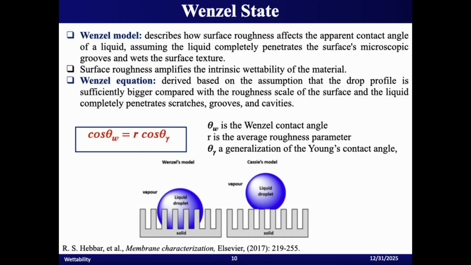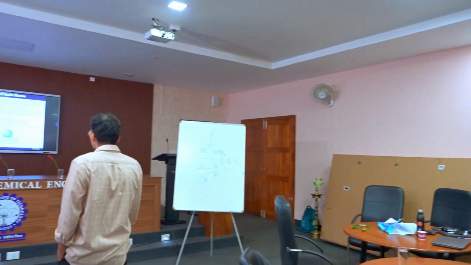So, all the things we have discussed now, I will summarize under different categories. We mentioned the lotus and rose petals, right? The rose petal has a high contact angle, but high hysteresis as well. The droplet is not moving around, which means high hysteresis. How it happens is, these are all microstructured surfaces.